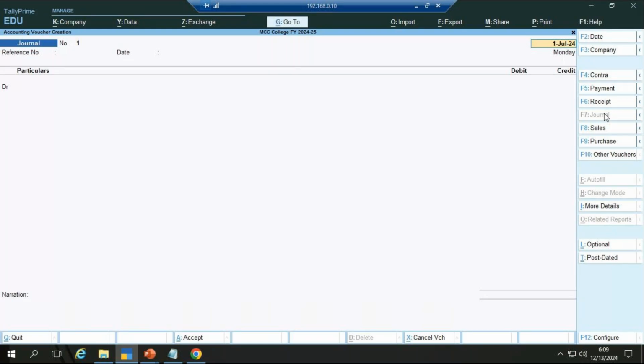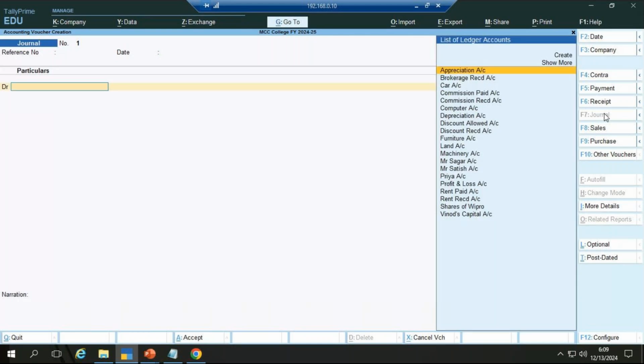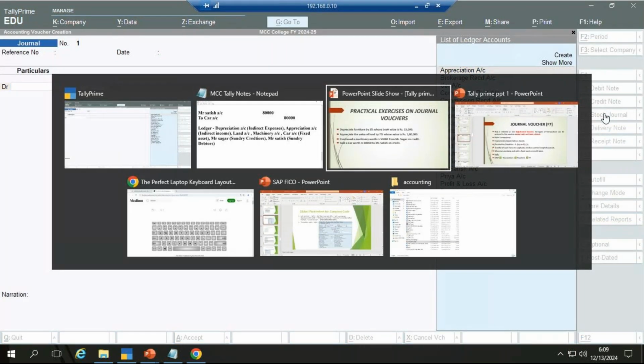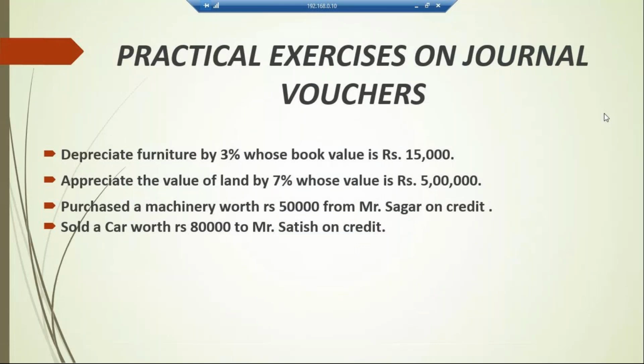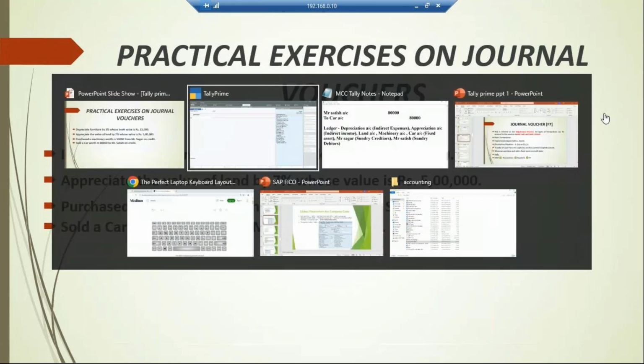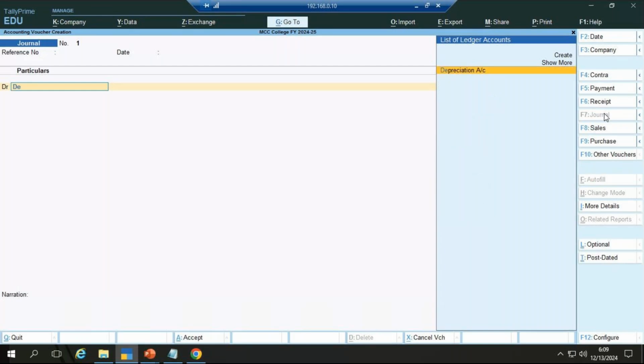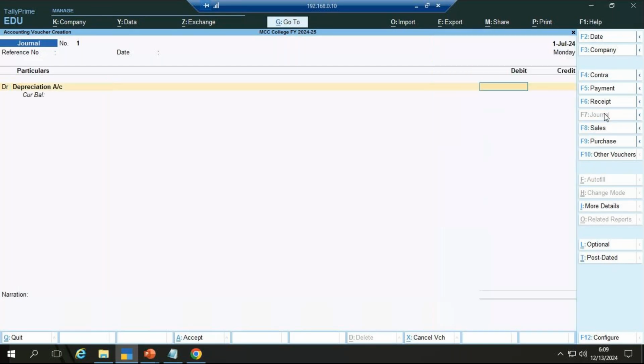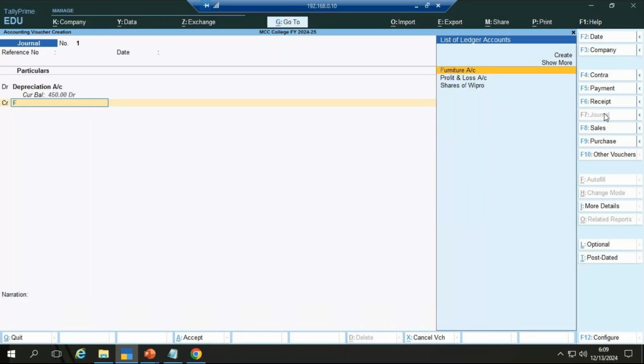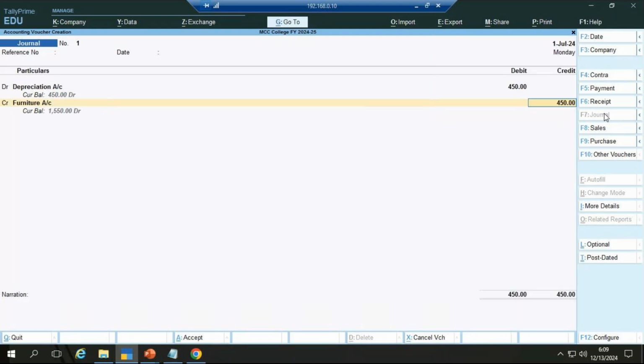Fine then. Enter, enter, enter. The first transaction is to depreciate furniture by 3%, whose book value is 15,000. So debit depreciation account 450, enter, credit furniture account 450.